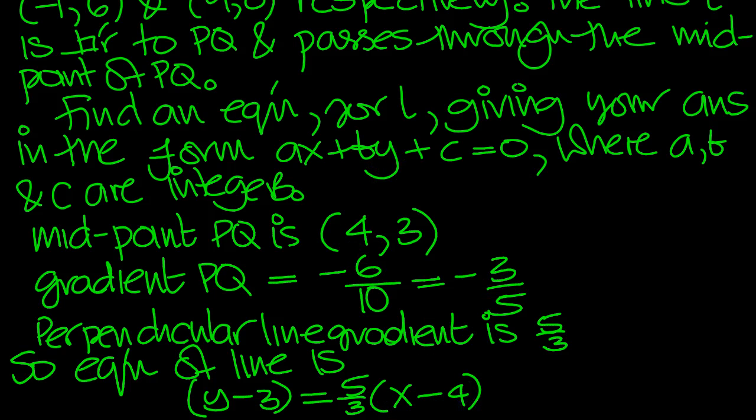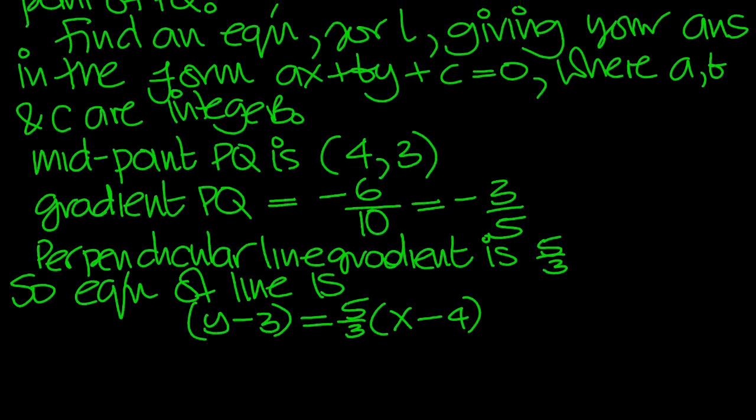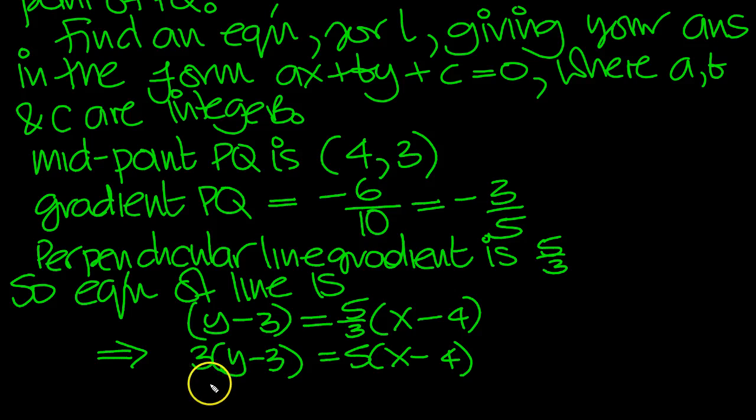Now we have to rearrange it in the form ax plus by plus c equals 0. So this tells us then, move the 3 up, 3y minus 3 equals 5x minus 4, and then expand the brackets, 3y minus 9, 5x minus 20.